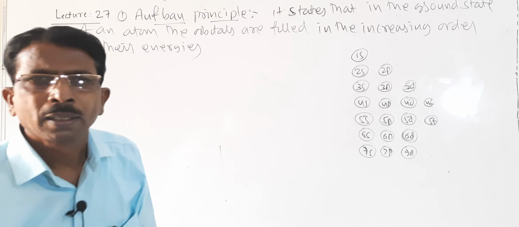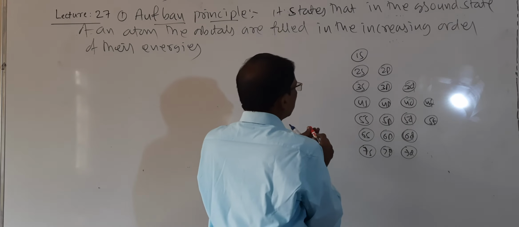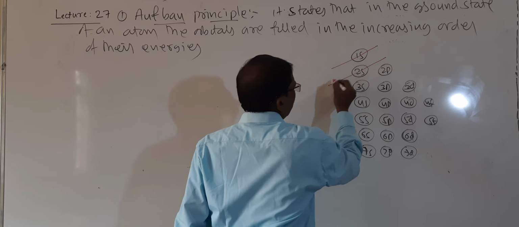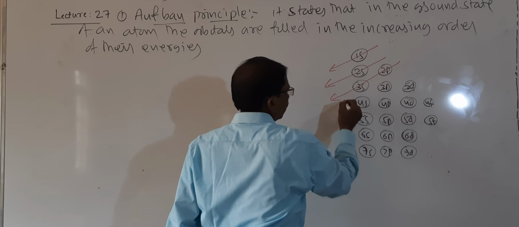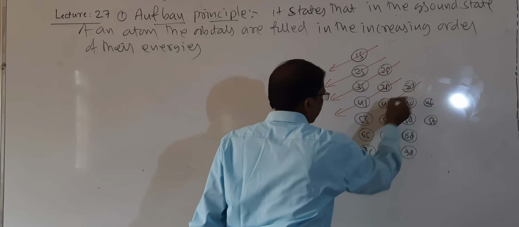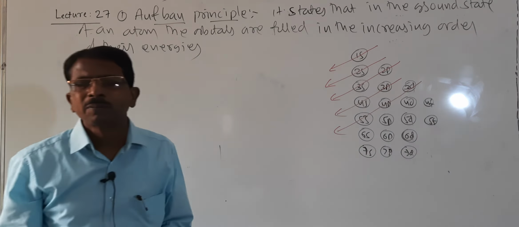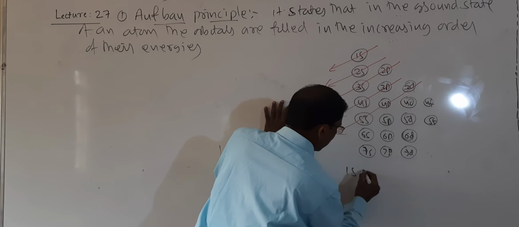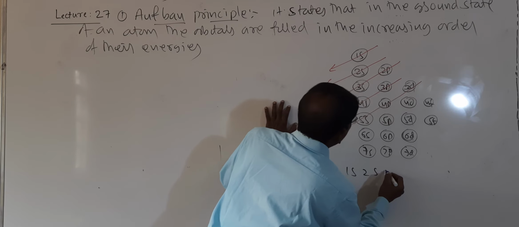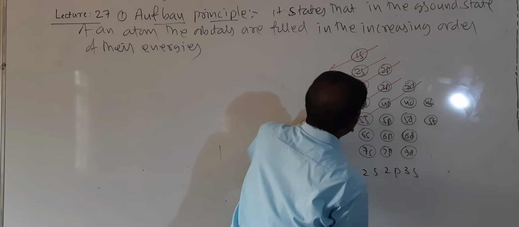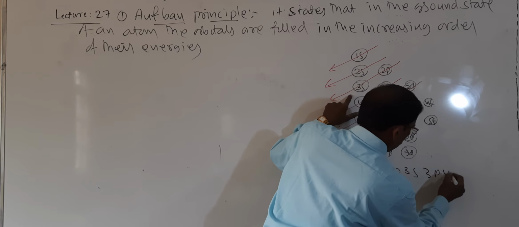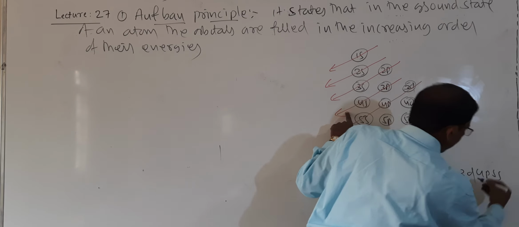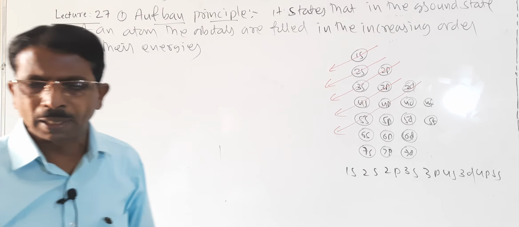You know it very well; in basic class we learned this. The electron will first be filled in the 1s orbital, then 2s, then 2p, 3s, and 3p, 4s, and 3d, 4p, 5s, like this. It is called the Aufbau principle.